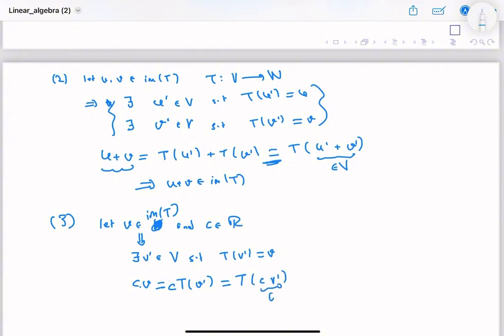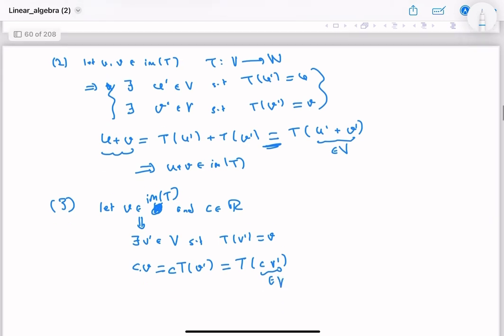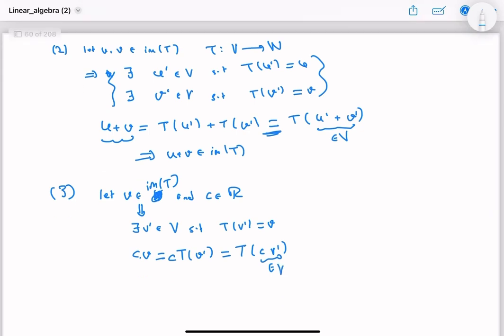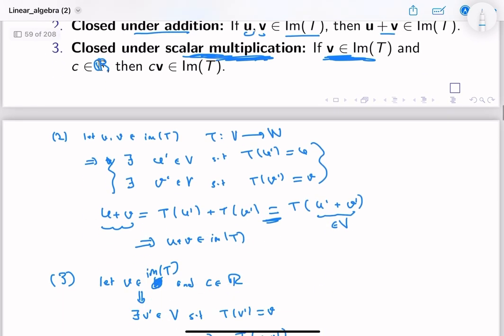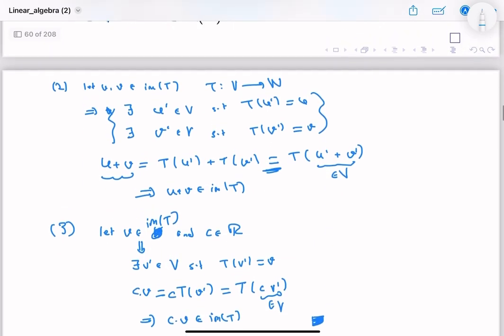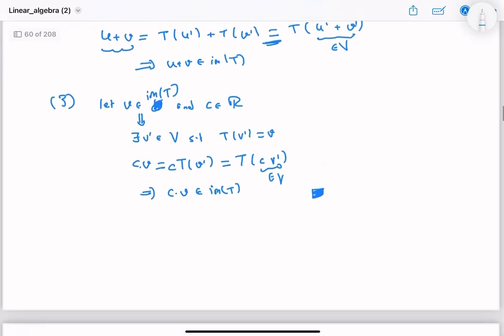But cv prime is in V because V is a vector space, and thus we have shown that there's a vector in V that gets mapped to cv, which implies that cv is in the image of T. This shows closure under scalar multiplication, and this proves that the image is a subspace of the codomain, as desired.